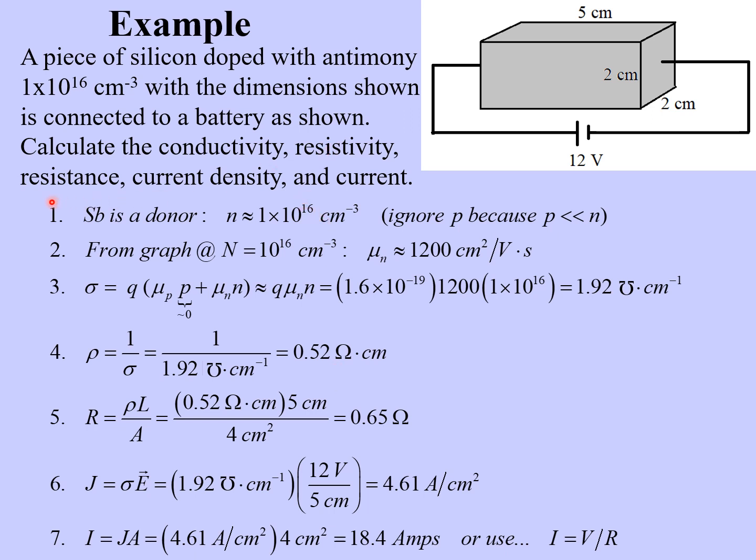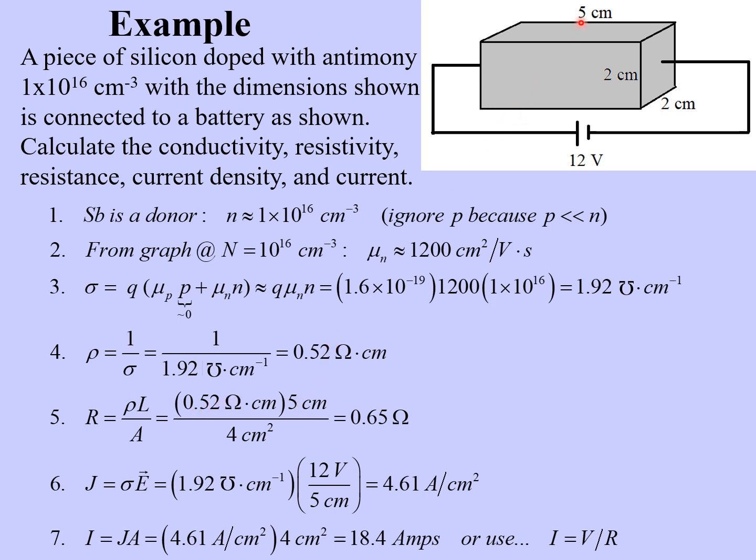The third part was calculate the resistance of this. How many ohms is this chunk of material? Well, here we can use our formula for the resistance of a material. It's equal to rho, which is the resistivity, times L divided by A. And so we know what rho is. We calculated it here. We know what L is.